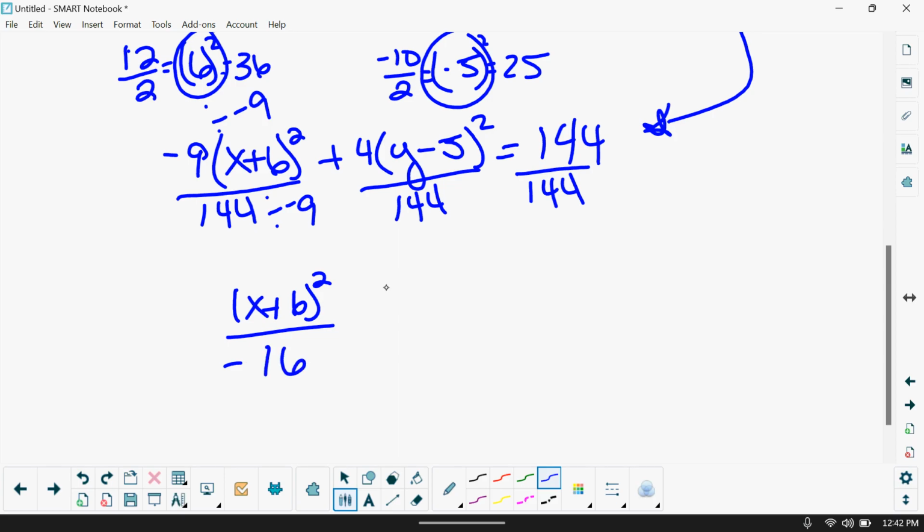That's a good sign. Divide this by 4 because, again, we can't have numbers on top. So, oopsies, plus y minus 5 squared divide by 4, 36 equals 1. And there you go. Yay, that was fun.